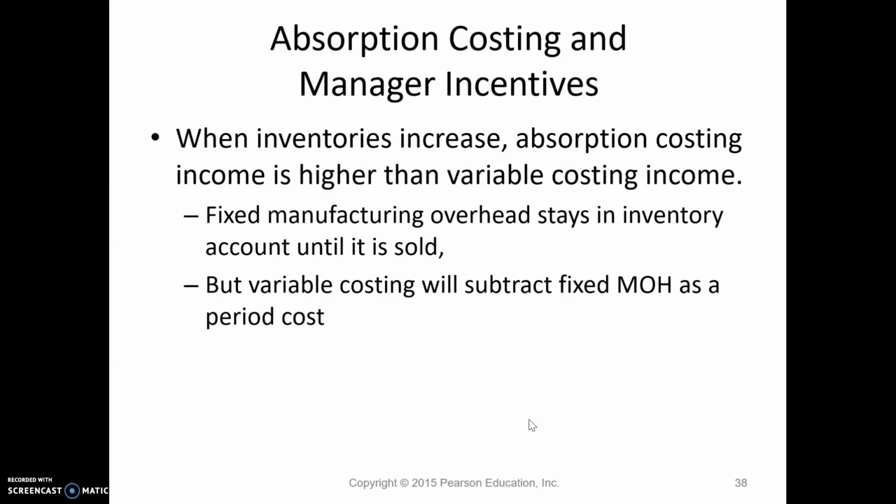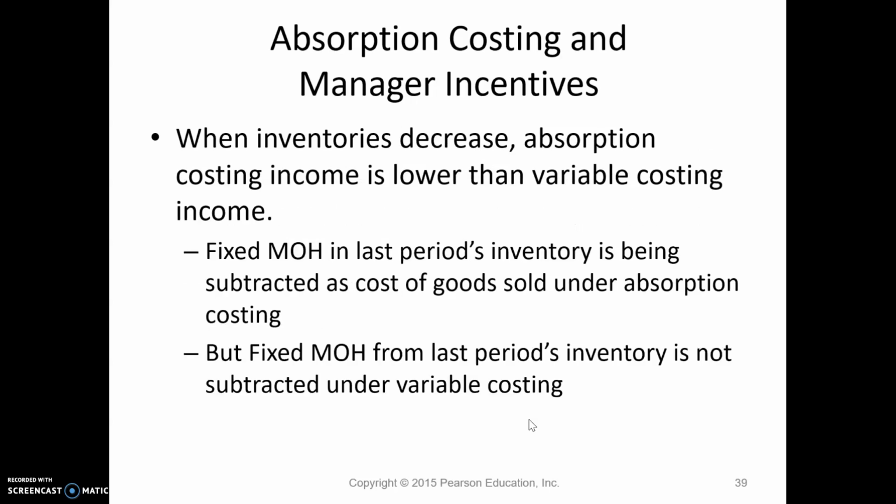You're going to have a higher operating income under absorption costing, because those fixed manufacturing overhead costs for those units that you haven't sold aren't going to be subtracted the way they are on the variable costing statement. They're going to be sitting in your finished goods inventory on the balance sheet. So that's why you'll get a higher operating income under absorption costing when you produce more units than you sold.